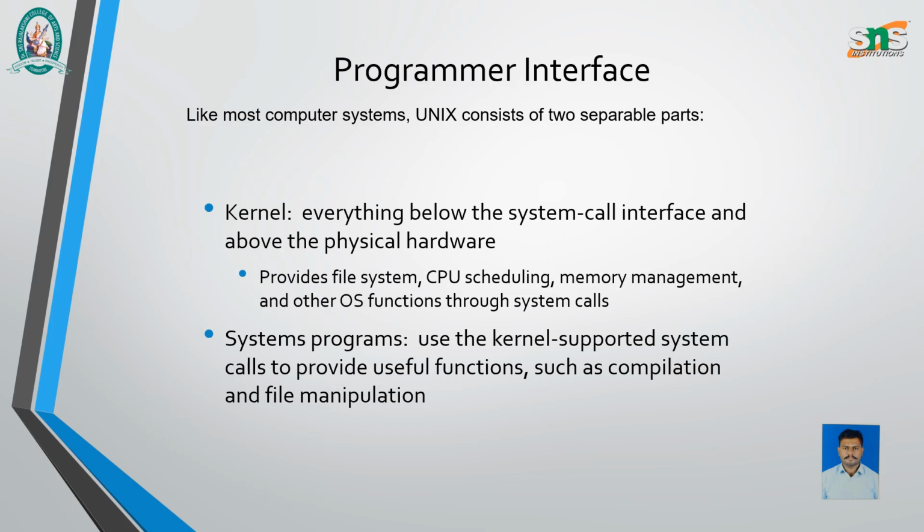System programs use the kernel supported system calls to provide useful functions such as compilation and file manipulation. The kernel provides the file system, CPU scheduling, memory management, and other operating system functions through system calls. Like most computer systems, Unix consists of two separate parts: the kernel and system programs.